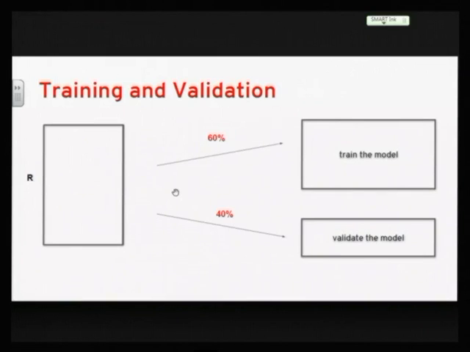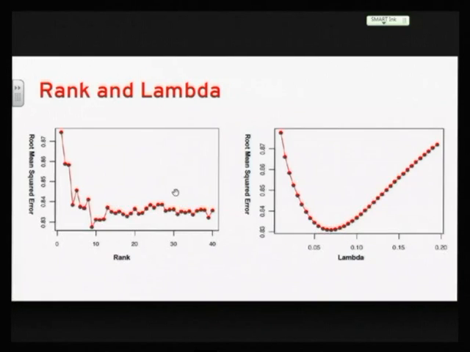I built models on that at fixed parameter values and then evaluated them using the validation set. I took the ratings that were in the validation set and compared them with what our model gave out as a prediction. And then we tune for the parameters. We also do error for validation.